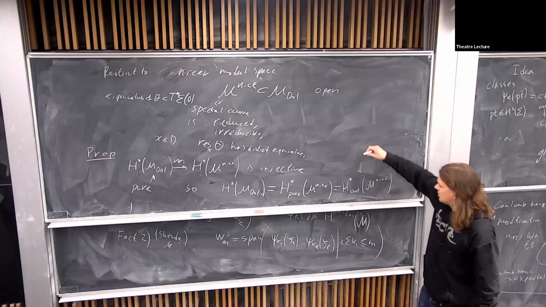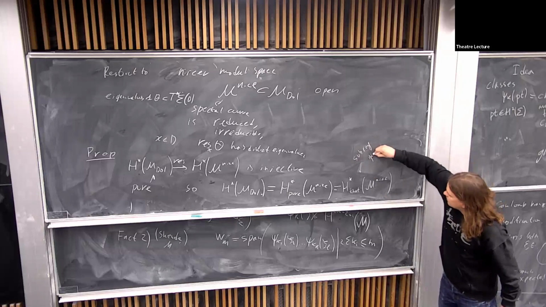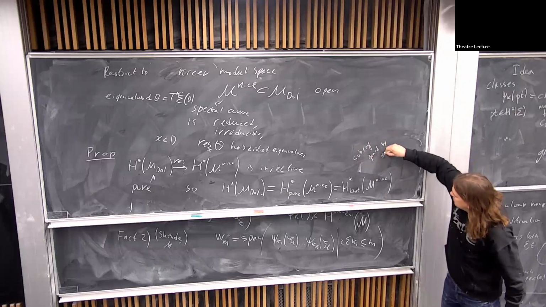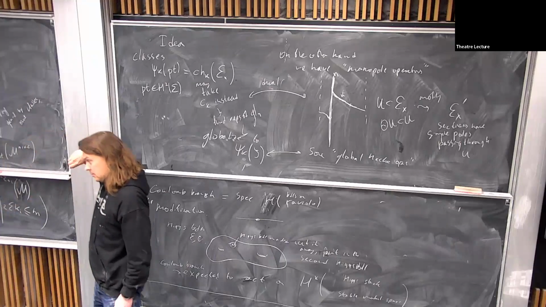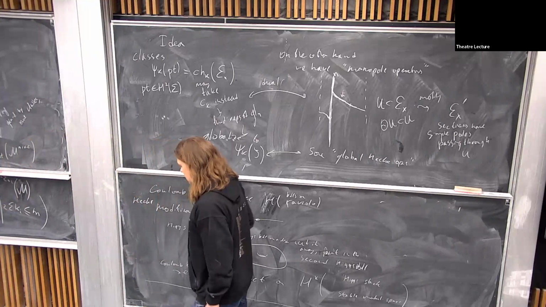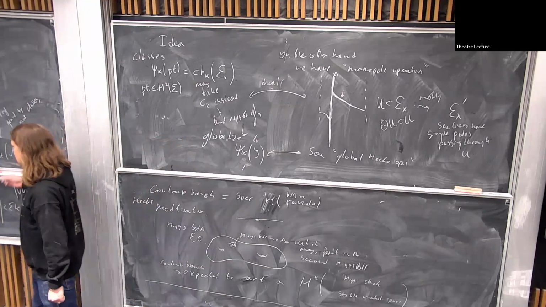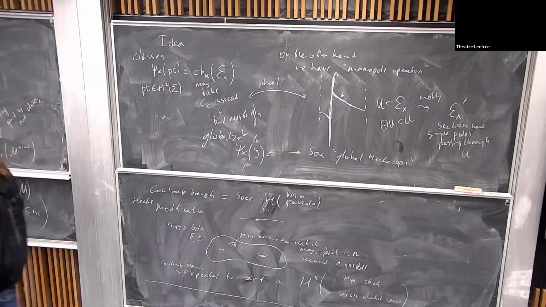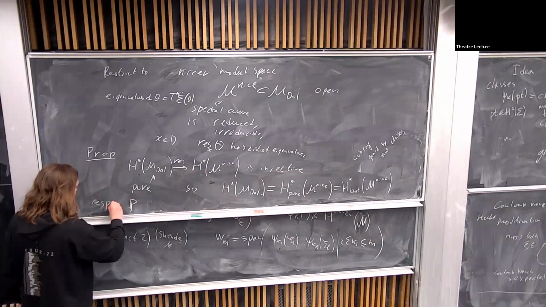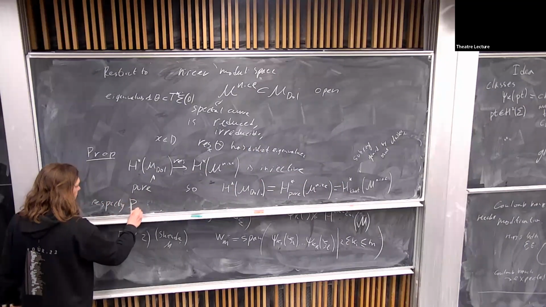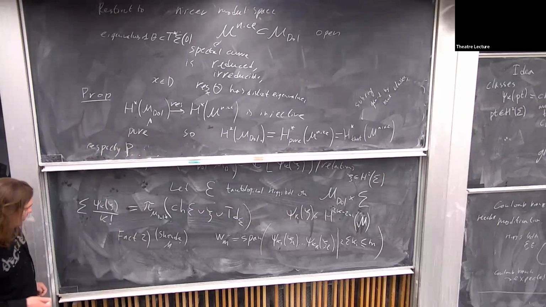That means this is a subring generated by tautological classes. Okay. So another fact will be that this respects the perverse filtration.